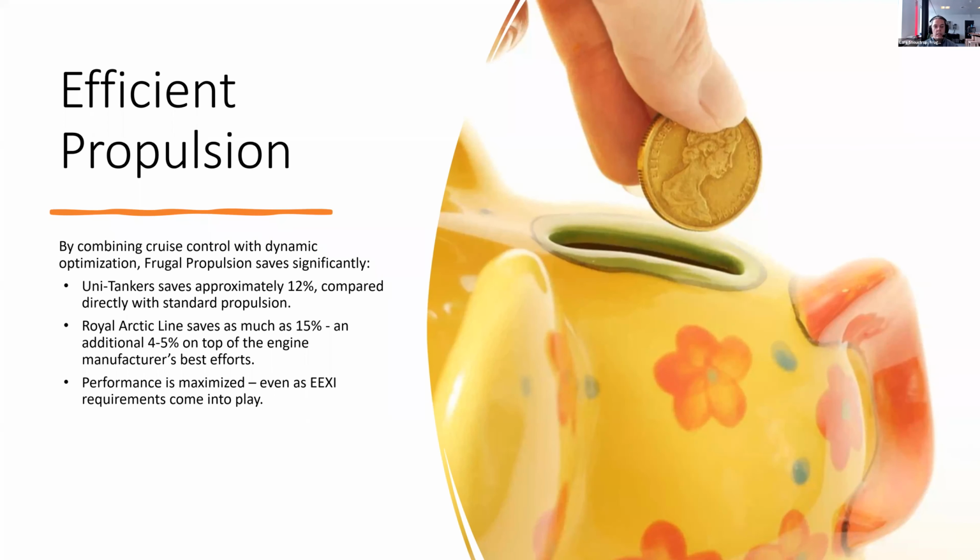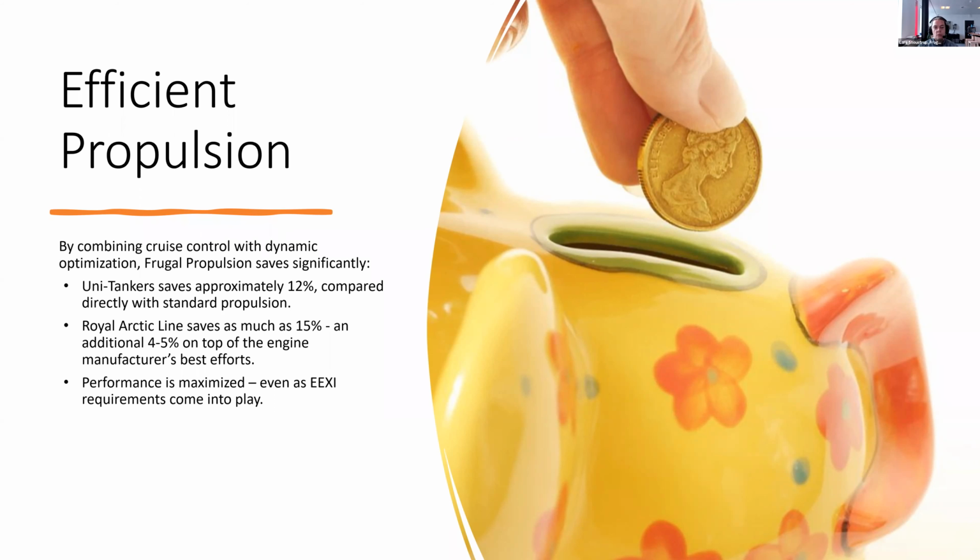And we have Royal Arctic Line operating container vessels in the very far north of the Atlantic, and they save around 15% fuel, which is very significant as well. Even 4 or 5% on top of the very best efforts that their engine manufacturers have been able to do. So we're pretty proud of that.